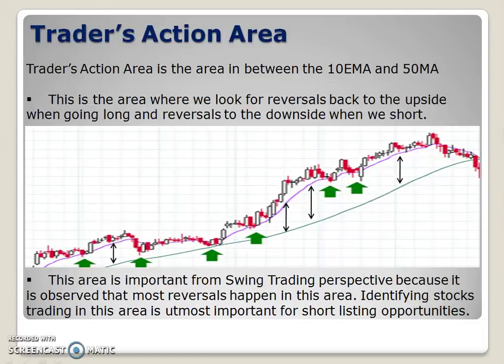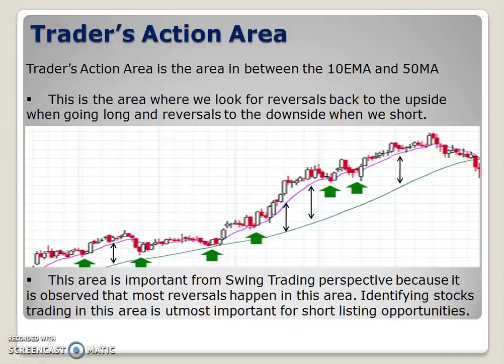You see there are a few green arrows. These green arrows basically give you the opportunity to take a trade when we want to go long in this particular script. I will explain this in much more detail in the subsequent slides and give you a few more examples.